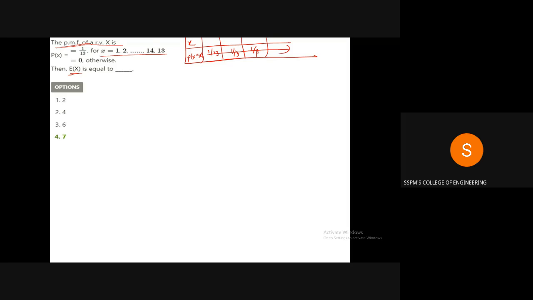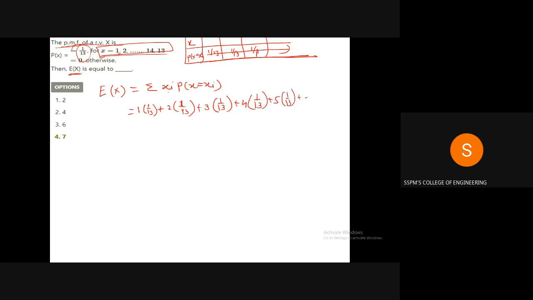First, for value 1, the probability is 1 by 13, so 1 into 1 by 13, plus for value 2, it is again 1 by 13, same for all of it. 3 into 1 by 13, plus 4 into 1 by 13, plus 5 into 1 by 13, and it goes up to 13 into 1 by 13. So for all these values, it is the same 1 by 13.